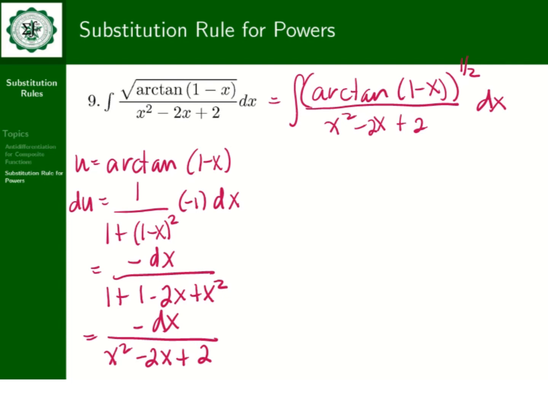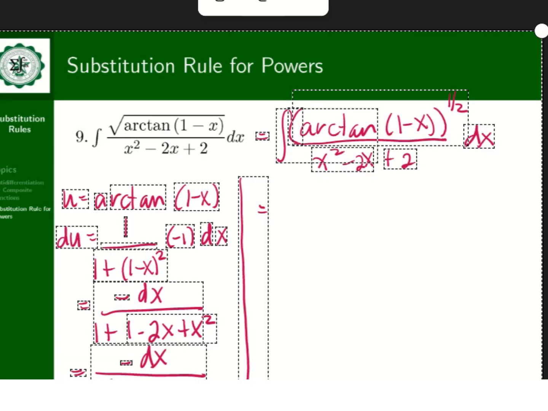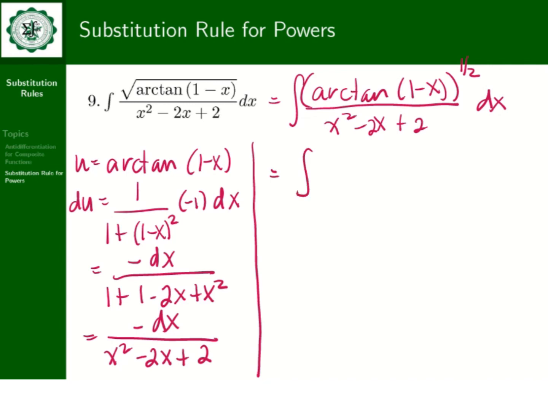Now, let us observe our given and check whether the substitution rule will work. So arctangent of 1 minus x will be replaced by u, so that would be raised to 1 half all over.